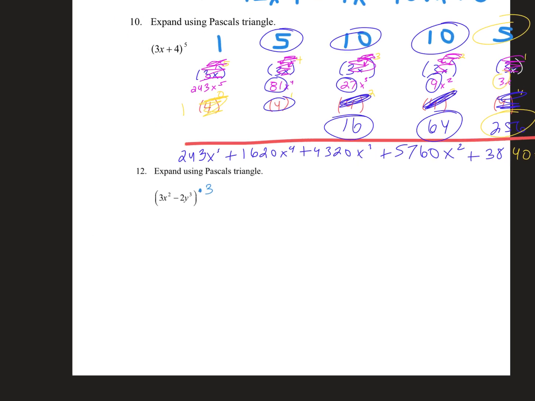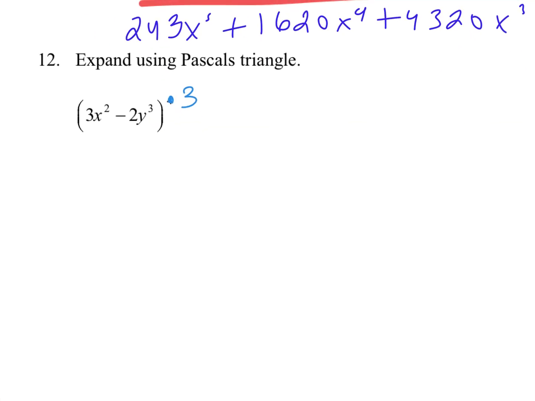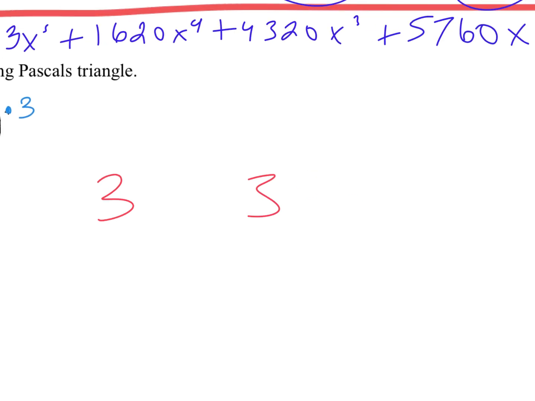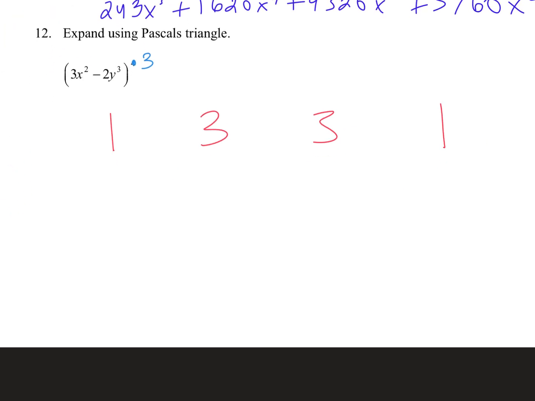All right, I changed this one to the third row just because we've already done the fourth and fifth row. What's the third row? 1, 3, 3, 1. Okay, easy enough. What is the first term? 3x squared.